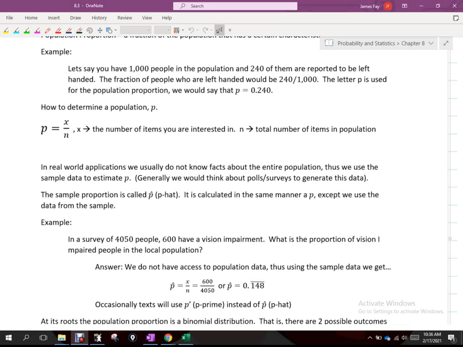People poll everything. Those are directly related to population proportions, but they're estimates, because the purpose of a poll is to get an idea of what the population thinks without being able to access the entire population.